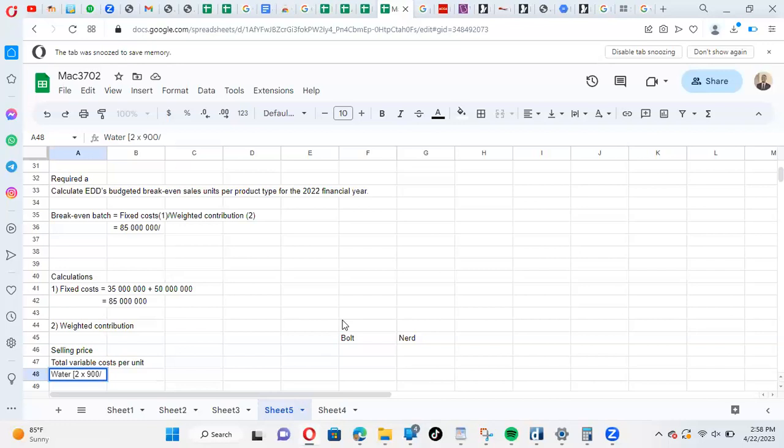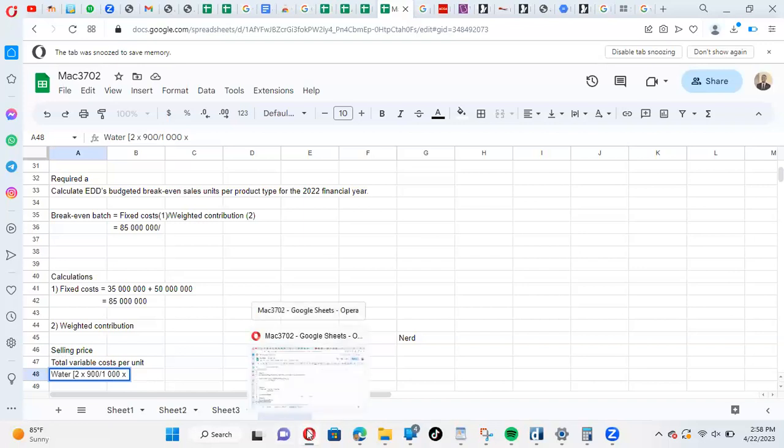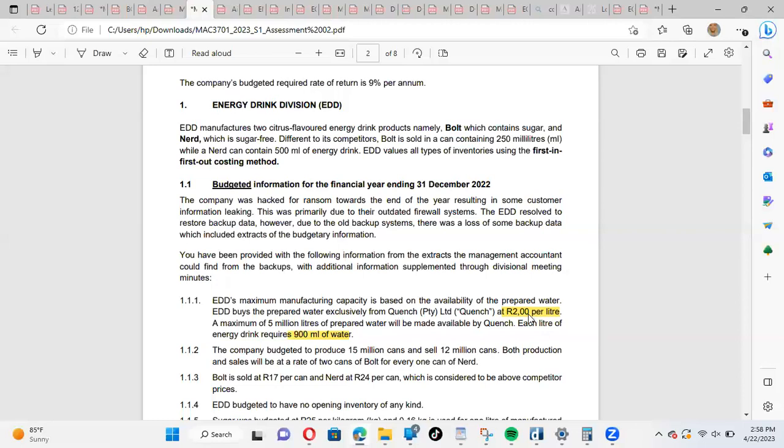Times the unit. This basically gives us the cost per every 900 milliliters. And then we multiply 180.